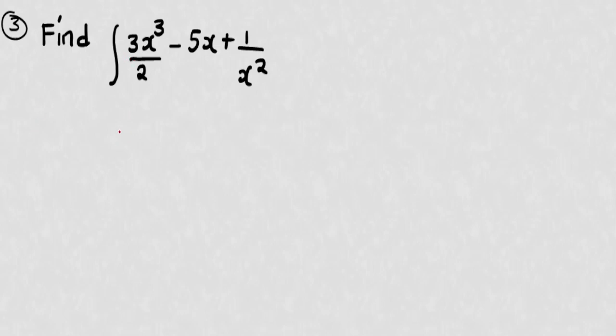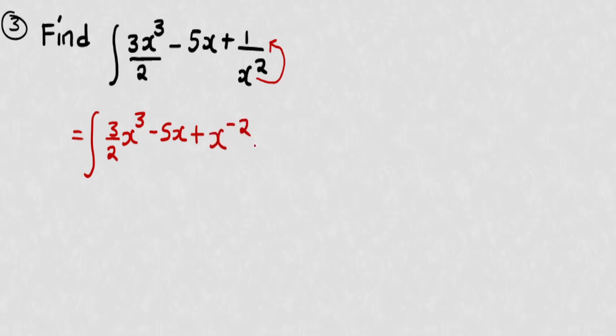How can you integrate that? So what we're going to do here is basically look at what we have. I can write it in this manner. I'll say the integral of 3 over 2 x to the power 3 minus 5x, plus, and since I want to integrate first, I'm going to ensure that the x goes back on top there, so that it becomes x to the power negative 2.